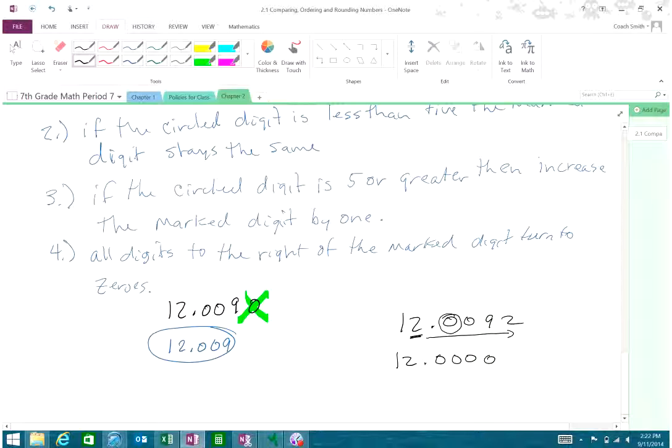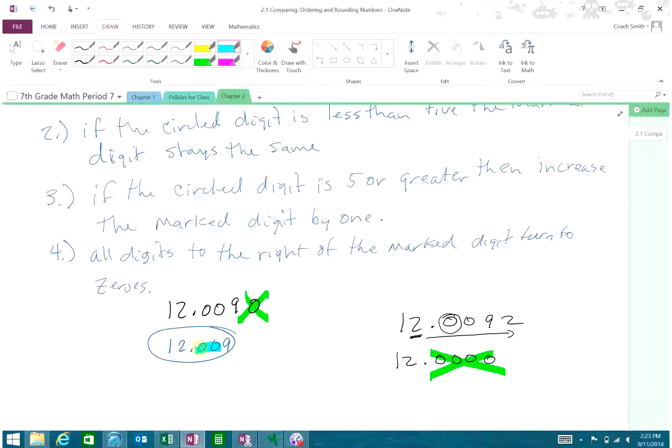Now, I would not need those zeros there because they're behind the decimal and they have no effect on the number. I do, however, have to have these zeros here because, yes, they are behind the decimal, but there's an actual number or digit past them that has to stay in that place.